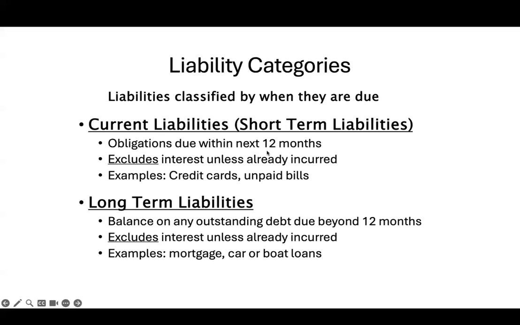What I mean is debts that are going to be paid off entirely within the next 12 months. And like I said earlier, we're not going to worry about any future interest that's owed on those debts. We're only going to record the debt at their current balance.